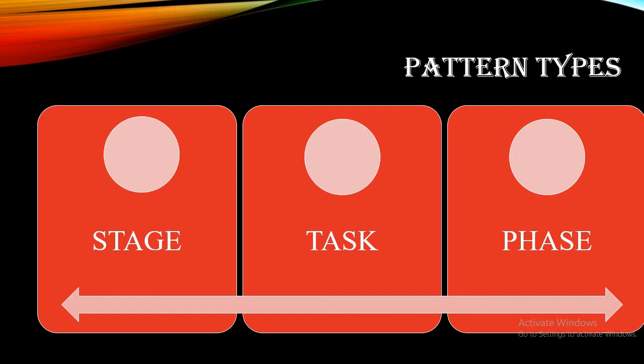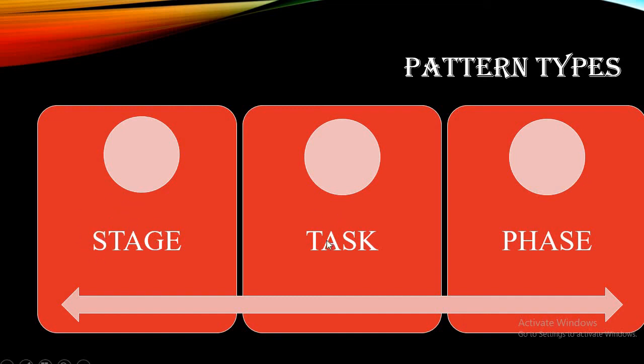How do these patterns help us? First let me tell about stage pattern. Stage pattern will define a problem associated with a framework activity for the process, so it concentrates only on the framework activity of the process.